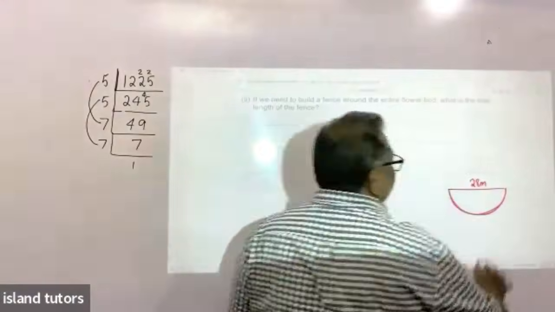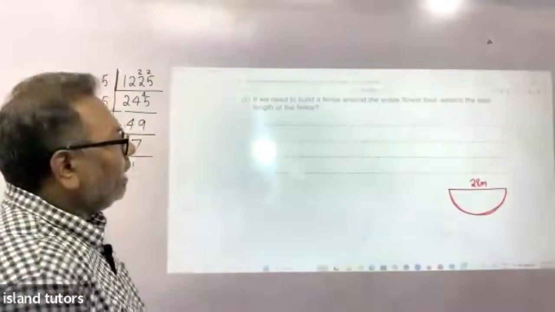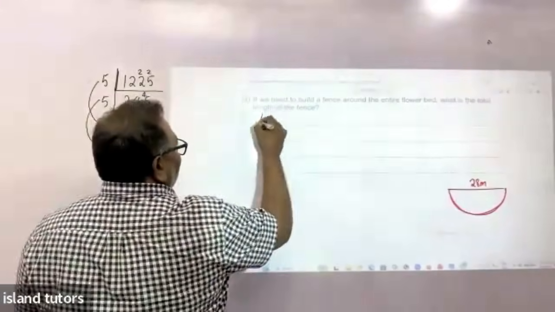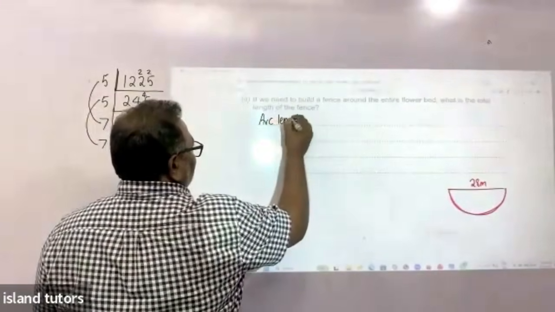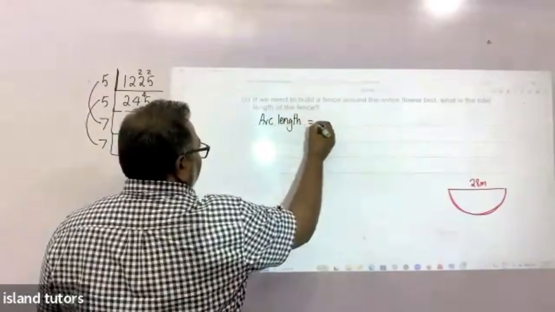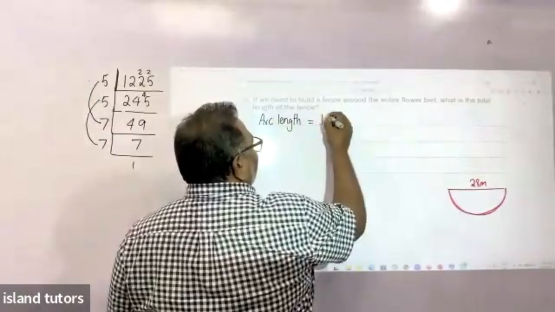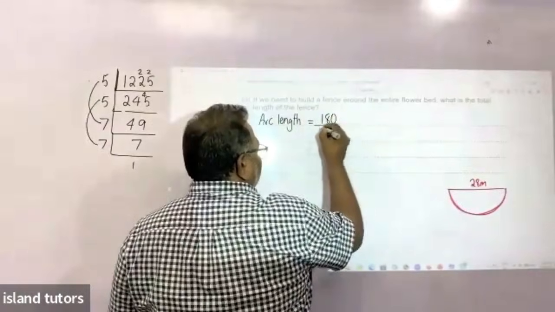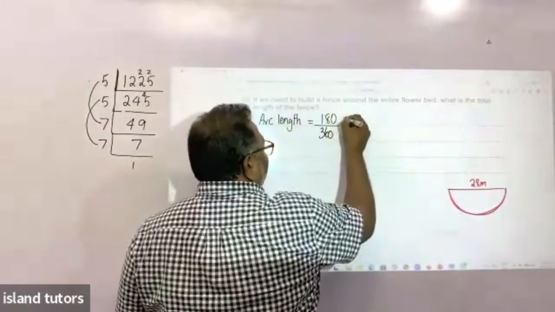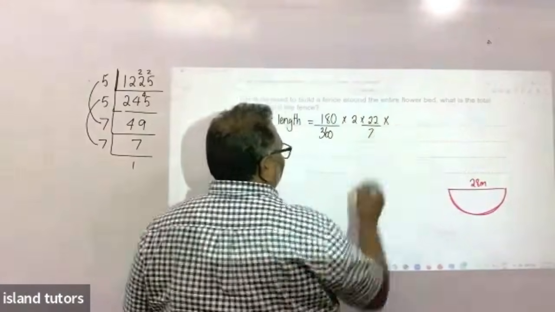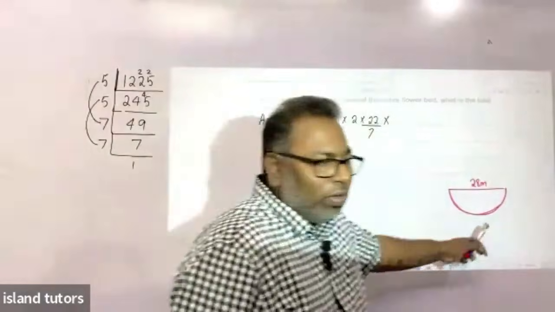We need to find the arc length over there. So what is the arc length? How do you calculate arc length? Arc length is theta over 360, that is 180 over 360 into 2 into pi into r.